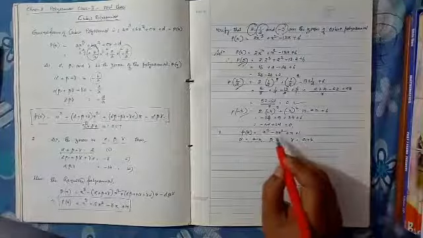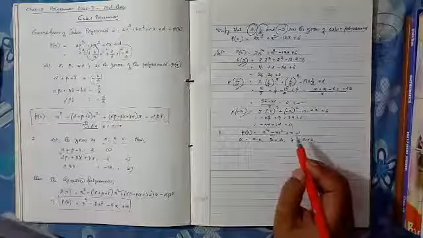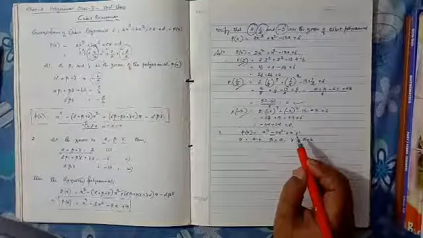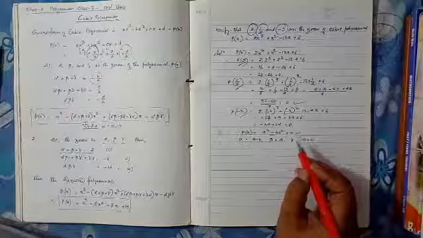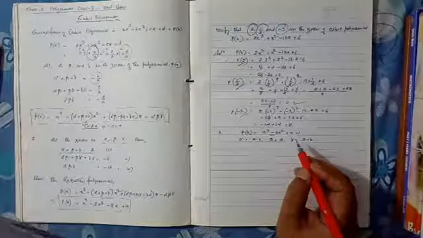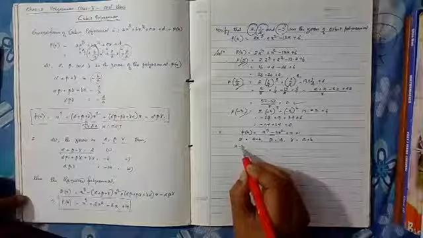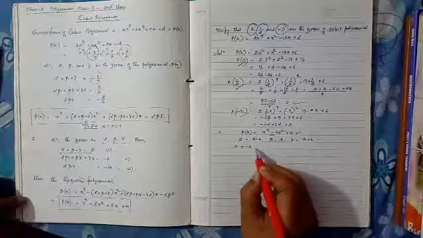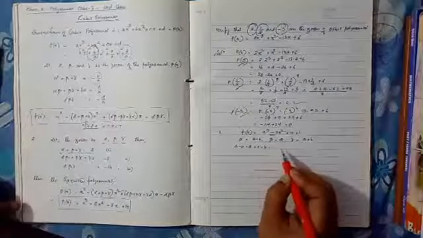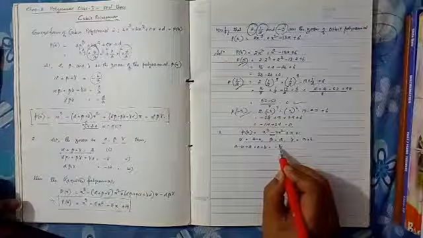So this coefficient of x square, okay, for cubic polynomial, what we know, alpha plus beta plus gamma is equal to minus b by a. That is a minus b plus a plus a plus b is equal to minus b by a.